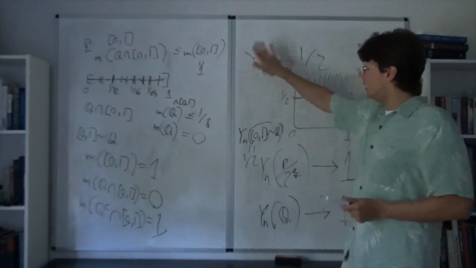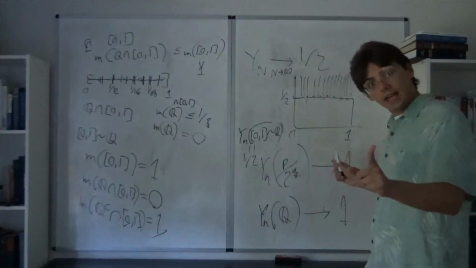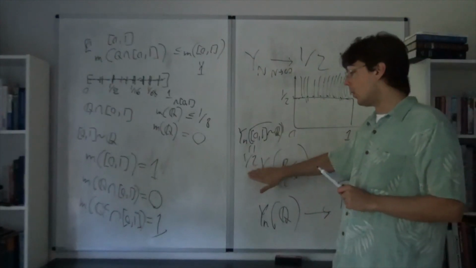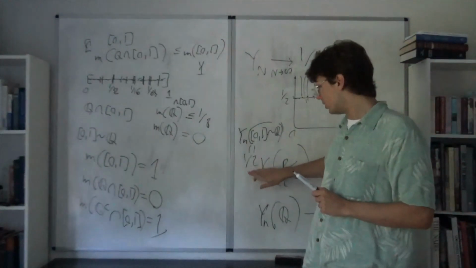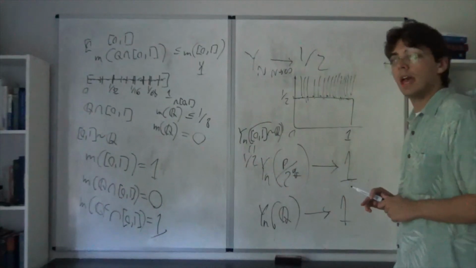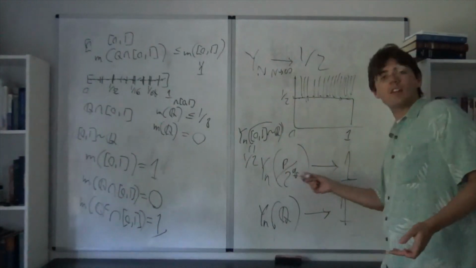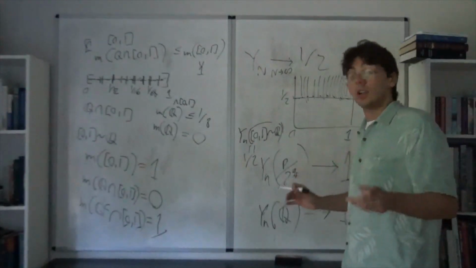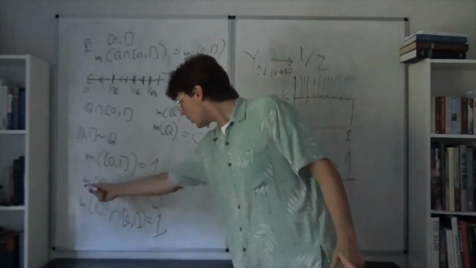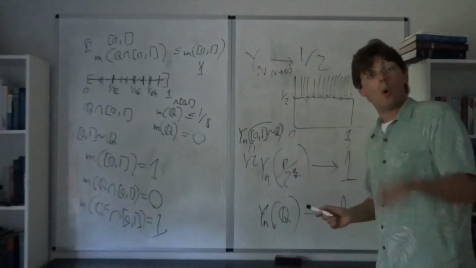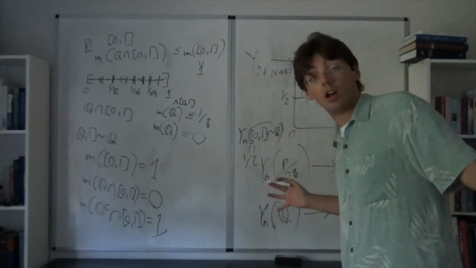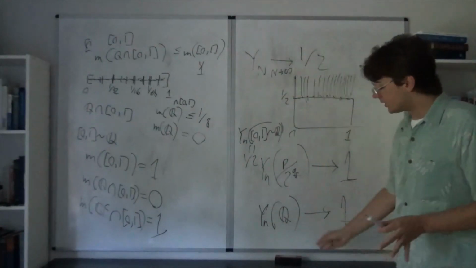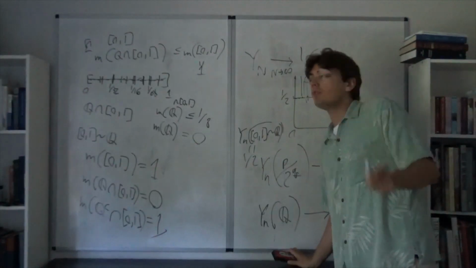And now I know that this thing right here, this average, yes, it goes to 1 on the rational numbers. It goes to what I expect it to go to on the irrational numbers, and that's all that matters. This stuff's garbage. This stuff's nothing. This stuff is measure 0. This stuff is measure 1. It's everything. It's all of the probabilities. So when I do this convergence, it's not converging everywhere.